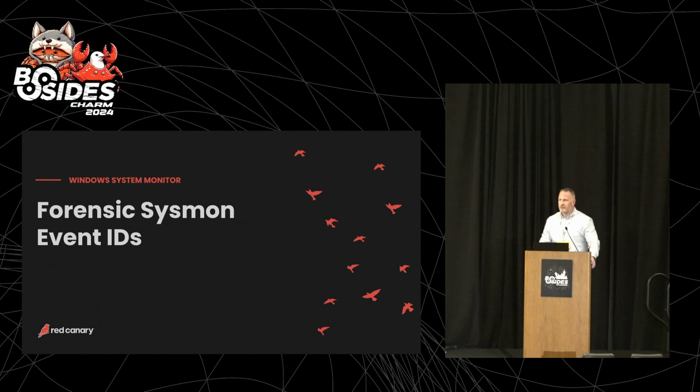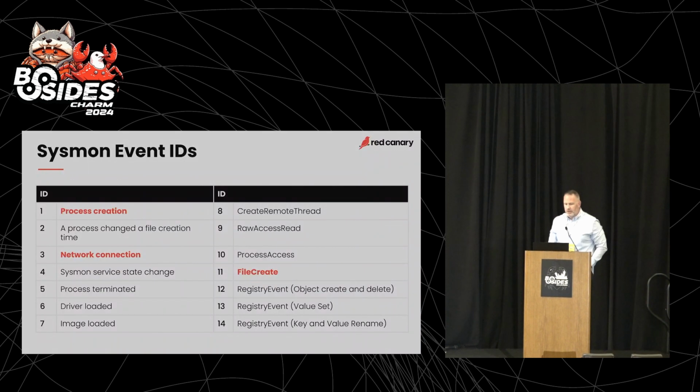So we'll go ahead and walk through some selected Windows Sysmon Event IDs and how they correspond and really help out from a forensic perspective. We're looking at about 20 to 30 depending on your configuration. Number one, process creation, is a big one.